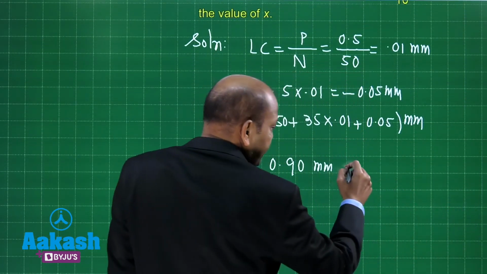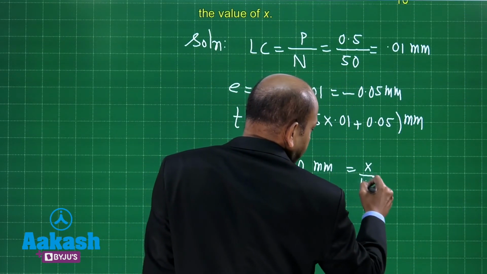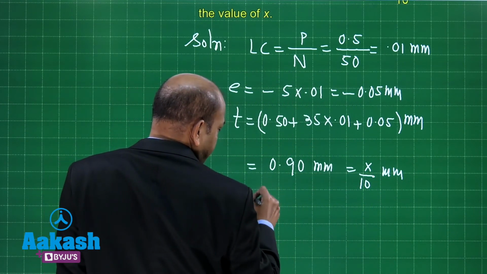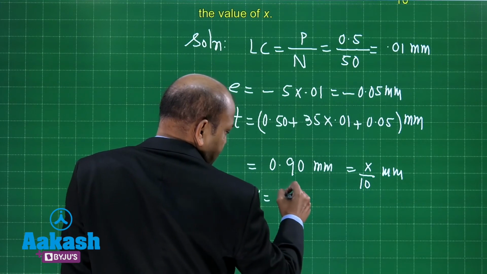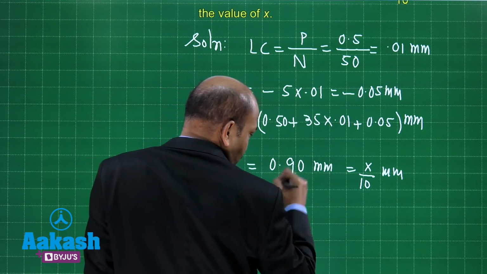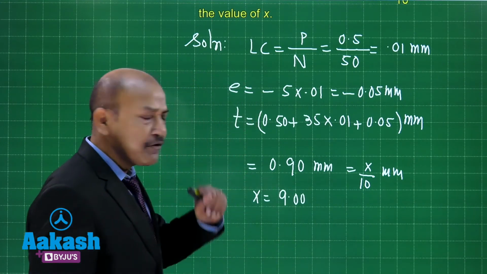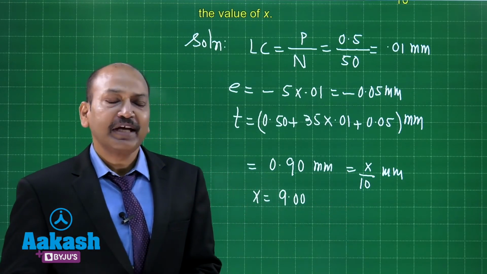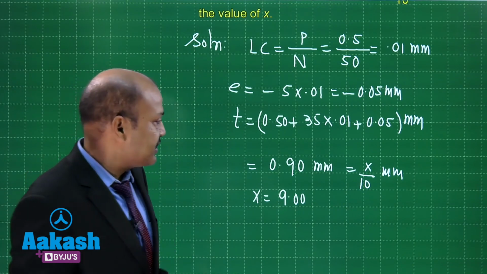So, if I compare it with x by 10 millimeter, what is the value of x? Well, x will be equal to 9, but if I put 2 places after decimal, the value of x comes out as 9.00.